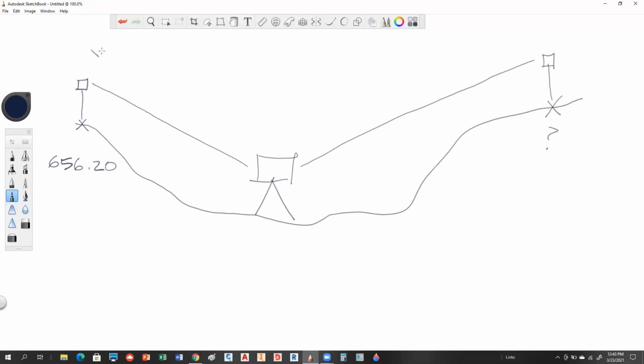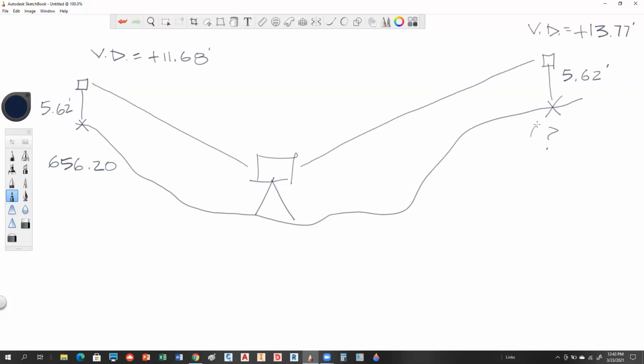Say the vertical difference here was plus 11.68 feet. The vertical difference here was plus 13.77 feet. Let's say that our rod is 5.62 feet, and we kept it the same over here.